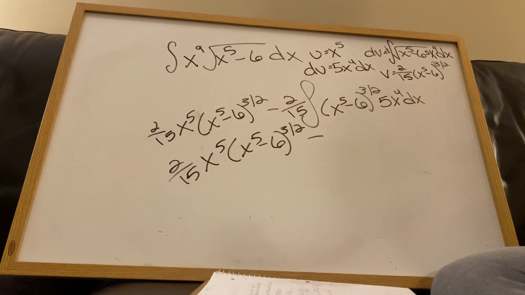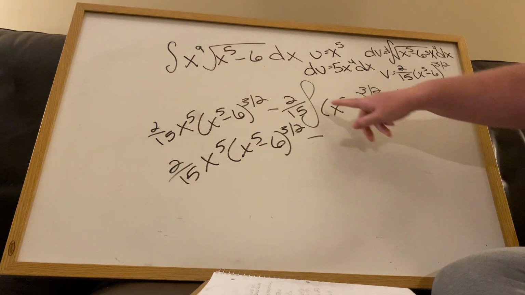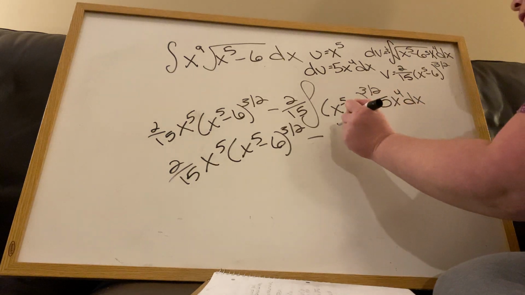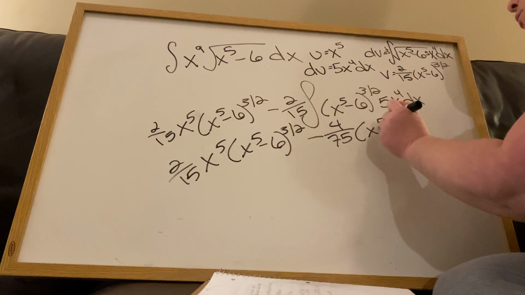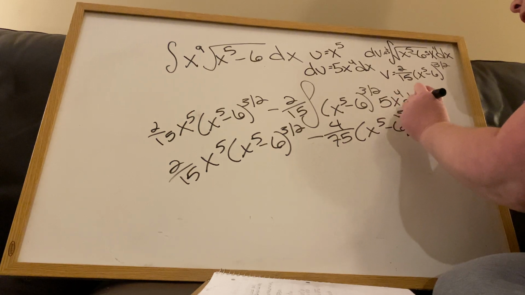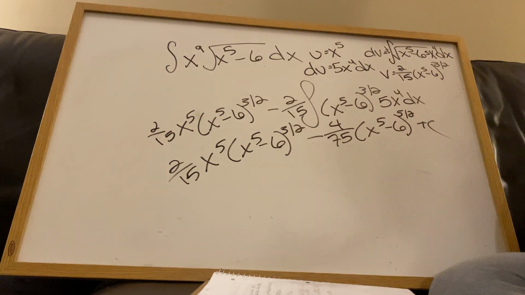Okay, so then you're going to add and flip. So you're going to multiply this one by 2/5. So then you're looking at 4/75. And you've got u to the 5/2 plus c. And that is integration by parts.